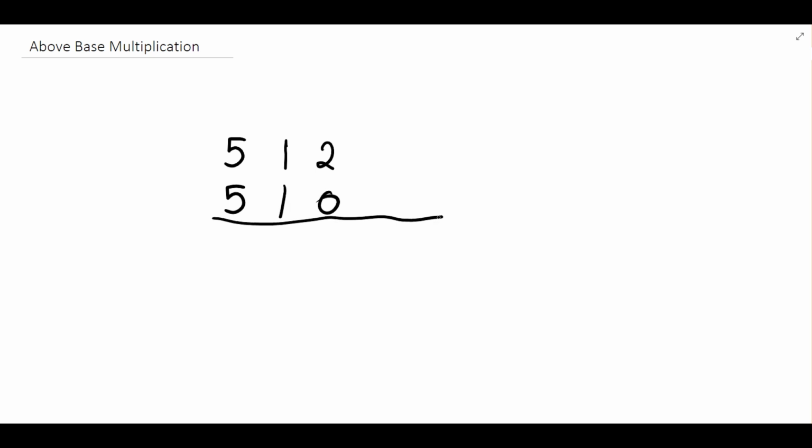Let's say 512 and 510. Note the base, it's 500, and let's just speed this up. So we have plus 12 here, plus 10 here.